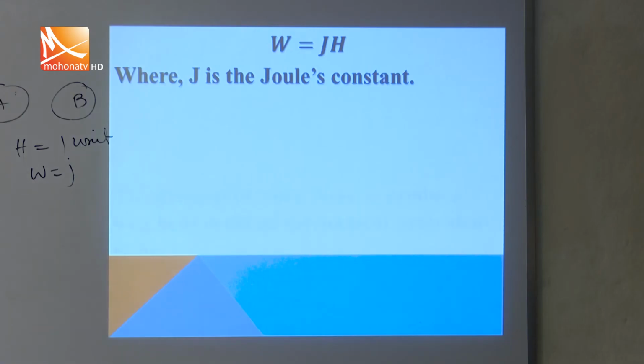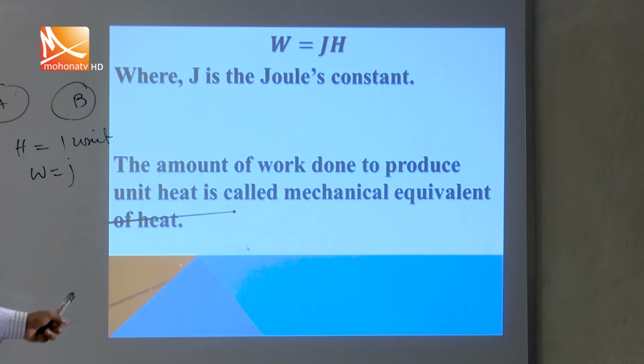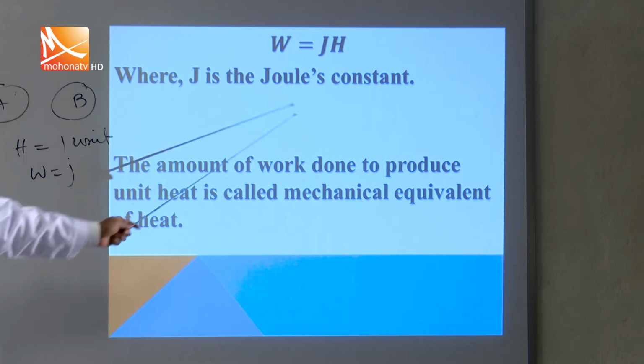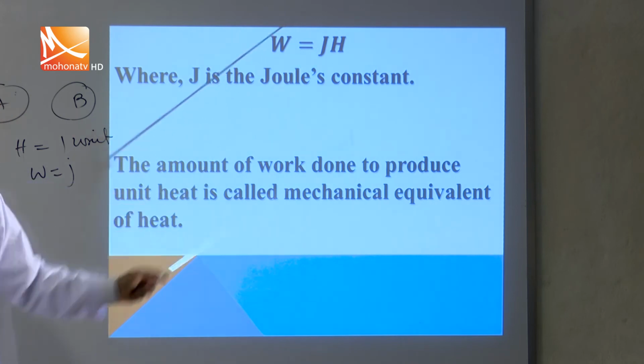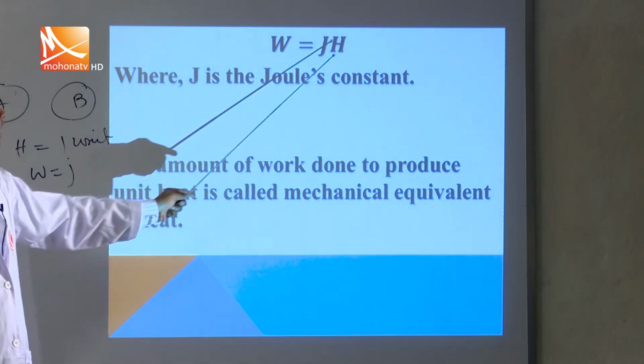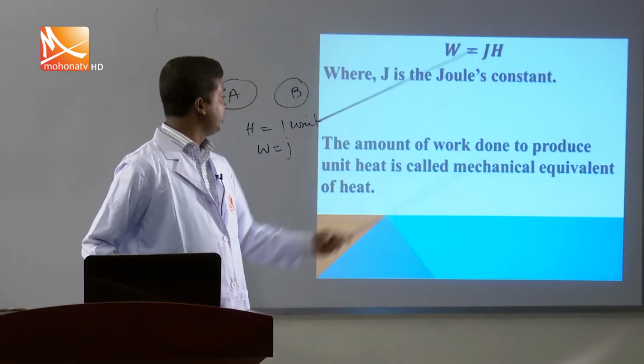The amount of work done to produce unit heat is known as the mechanical equivalent of heat. In this case, if we write W and H, work done and heat, both in SI unit, that is Joule, then J will be 1.